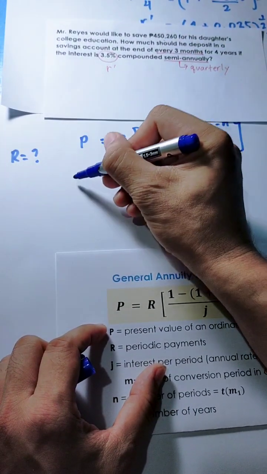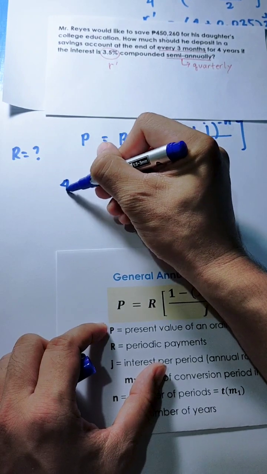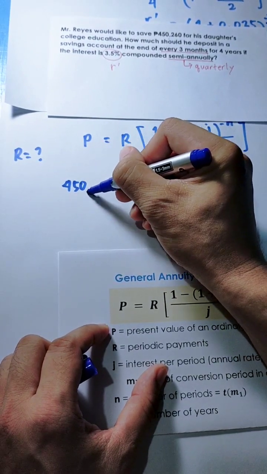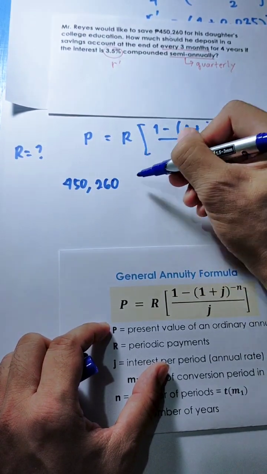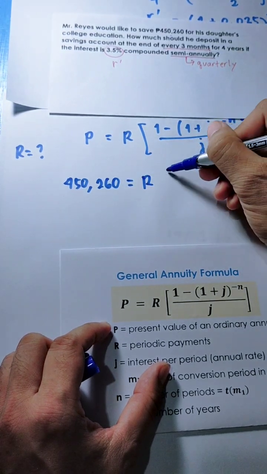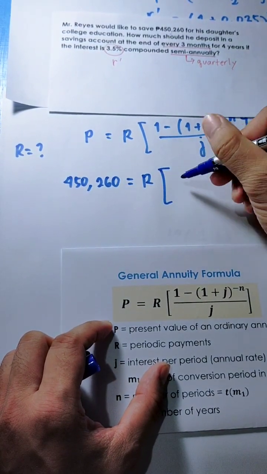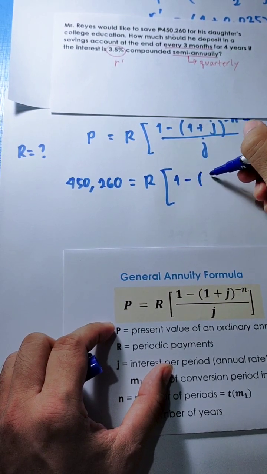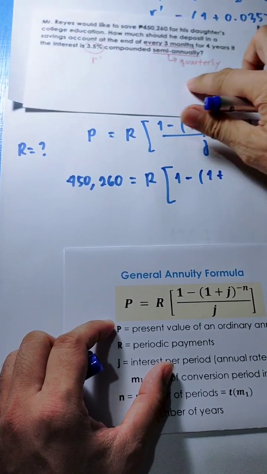So our present value is 450,260. R, and then 1 minus (1 plus our J now.